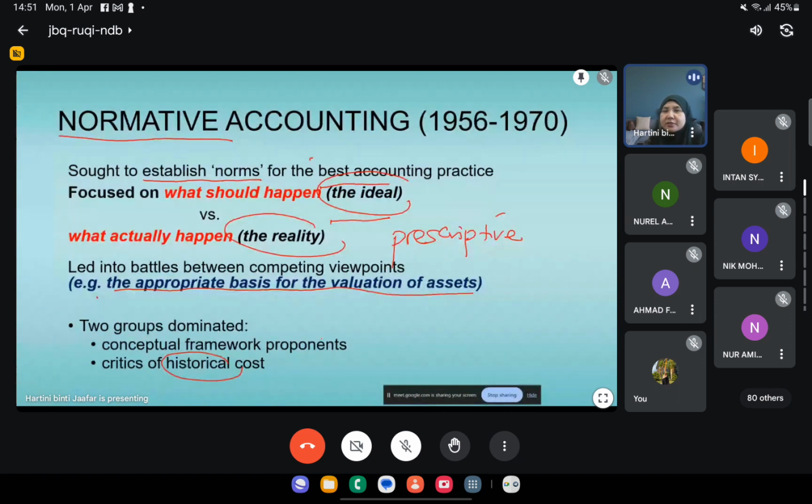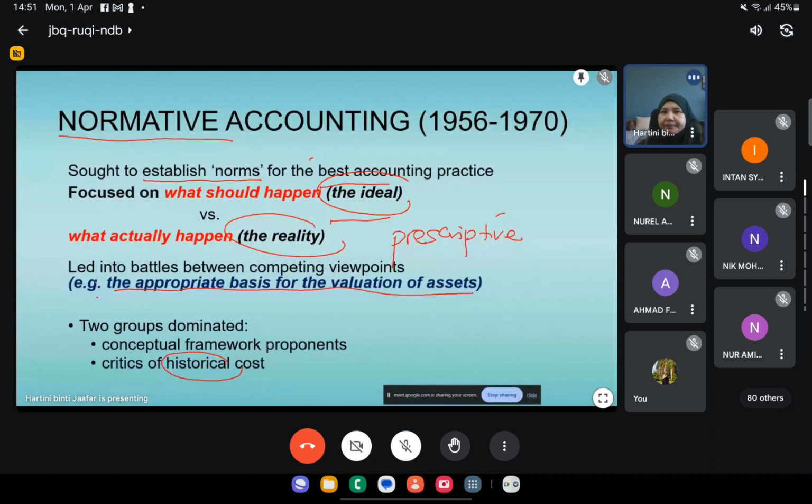So historical cost, although it is part of the conceptual framework of accounting principles, a lot of people have been criticizing the use of historical cost in the valuation of asset. So from there, the idea of fair value of asset, net realizable value, market value of asset, things like that started to emerge.